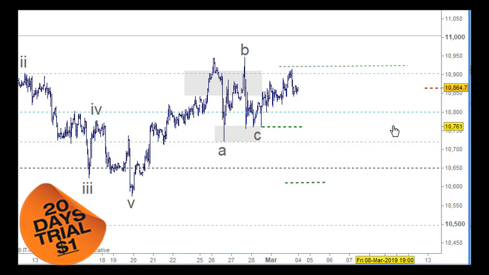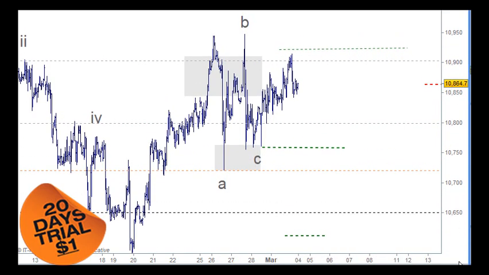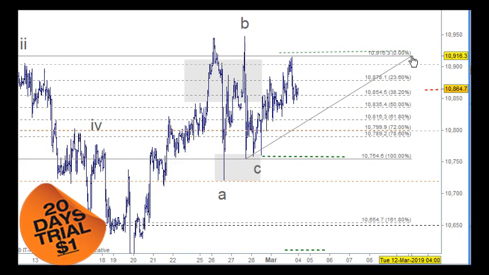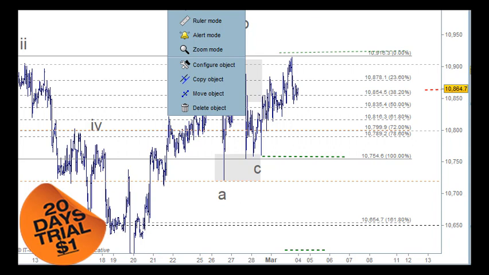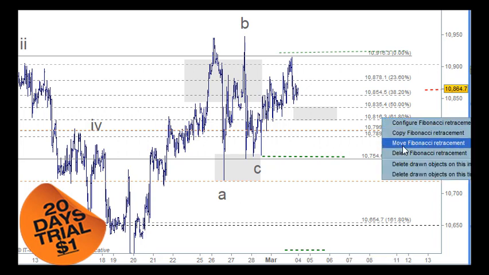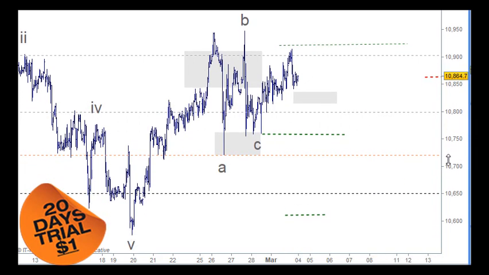We weren't going to short this until we've got 10,800 here as the resistance, because even if this was going to move up from here, we would still need, if we take this low here and this one here, to see this market break down under this level here, which is the 61.8% mark, give or take a little bit.